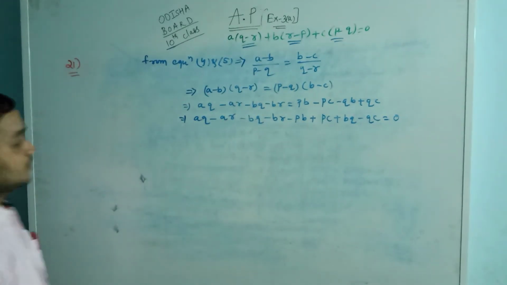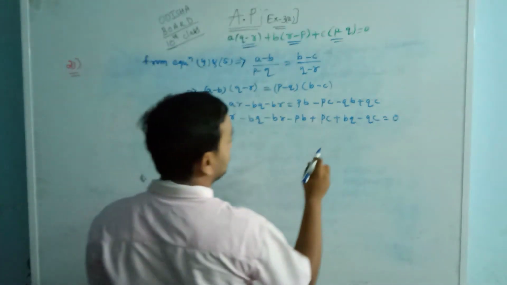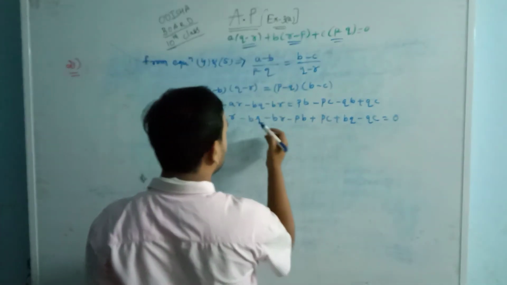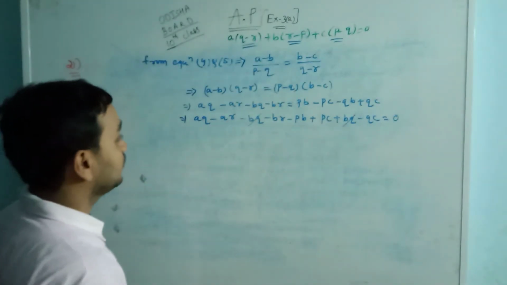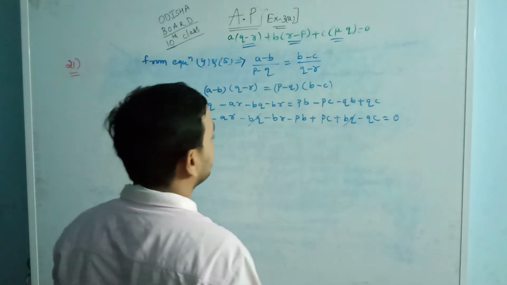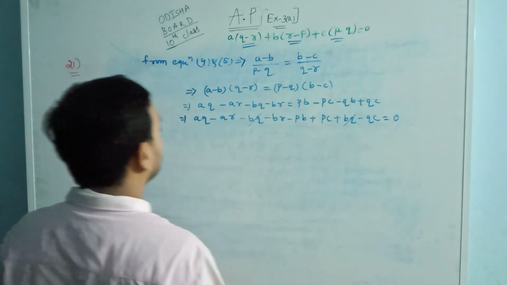What will be cancelled? This is ar, minus bq plus bq, then remaining what? Nothing.